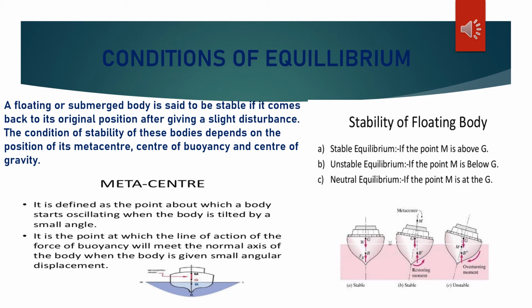And number two, the center of gravity of the body and the center of gravity of the displaced liquid must be in the same vertical line. Generally, the former is above the latter. For a completely immersed body, the former should be below the latter.